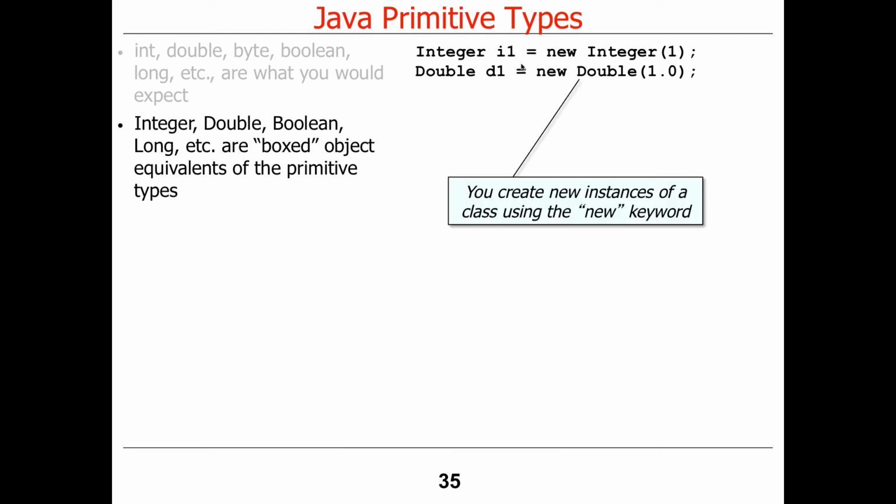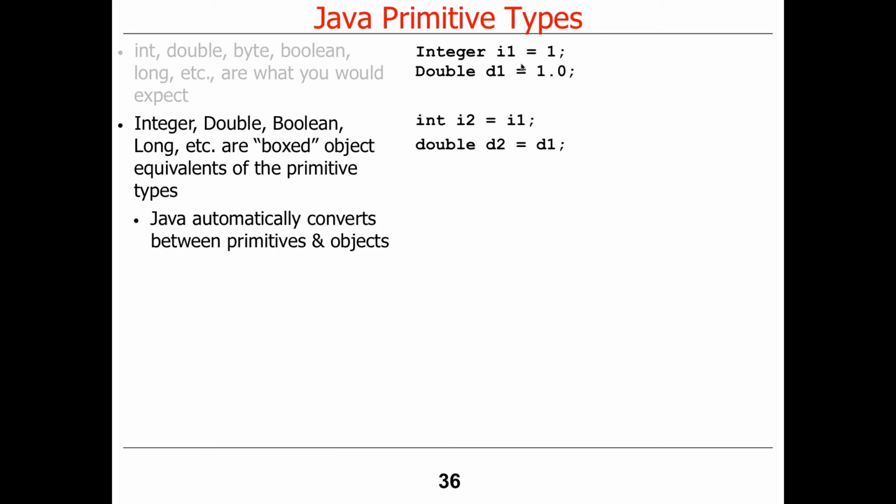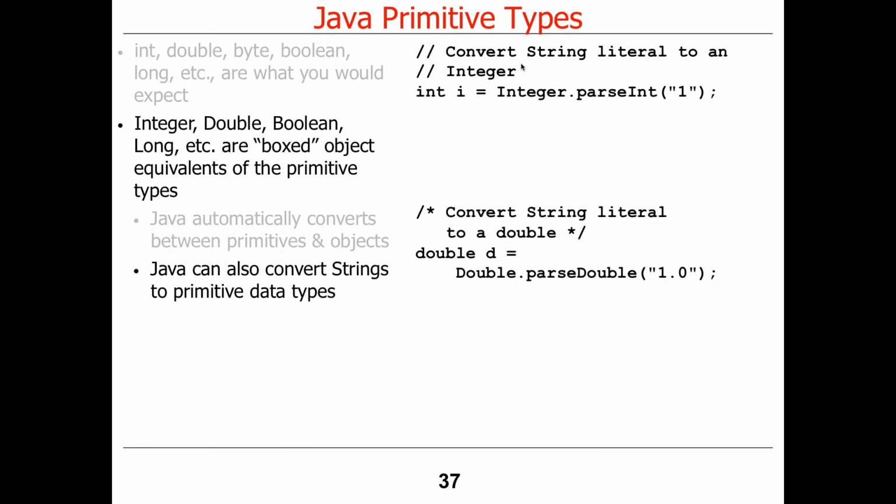Notice how you create new instances of things by saying new. I expect you also knew that too. Here's a case where you can assign the built-in types, and there are automatic conversions that take place to convert these things into Integers or Doubles. And then you can also go from these user-defined types back into the built-in types. That's called boxing and unboxing. That's done for you automatically.